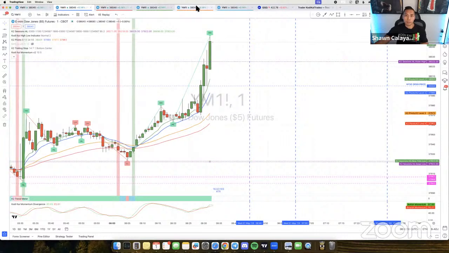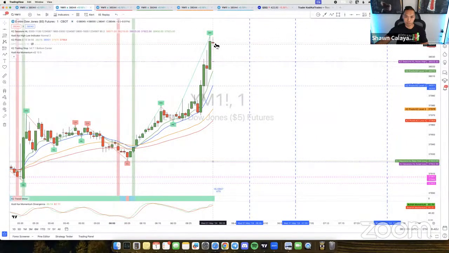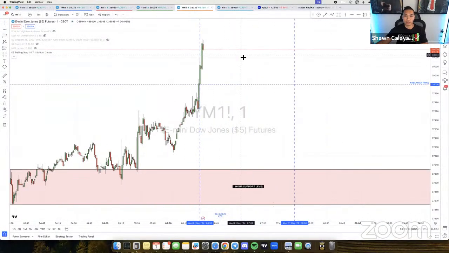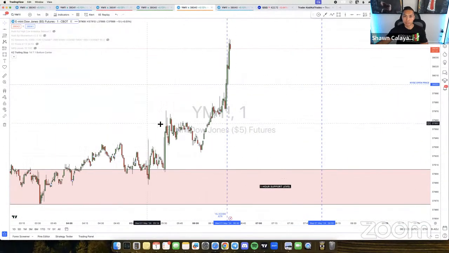I mean, there's no structure yet. What I'm looking for is the ceiling to be established. Once the higher high gets established, we can mark this up as a resistance. Price will probably come back down, retrace, establish a lower bottom for the support, and we'll have some structure marked up on the clean chart. We don't have that yet right now, so we just got to sit tight and wait.